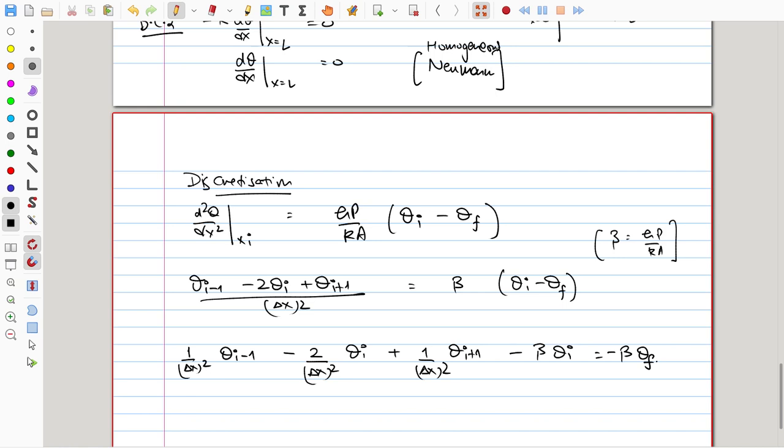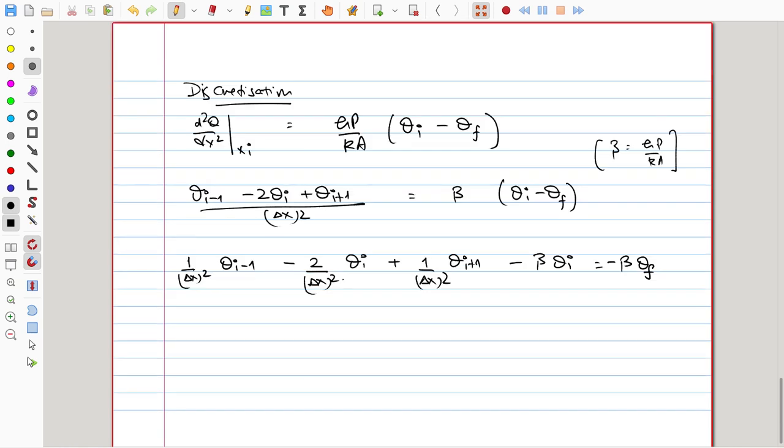Let me finish this, then I'll answer your question. Okay, so let me finish this whole process. So what we do is we combine, this is also a theta i term, this is also a theta i term. So we combine these two. So what we get is this.